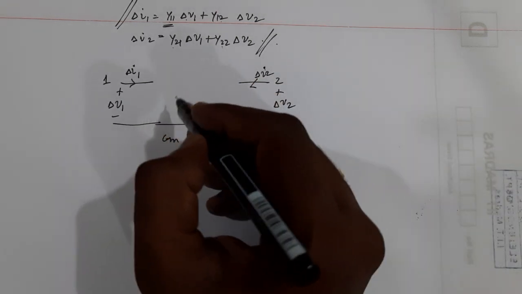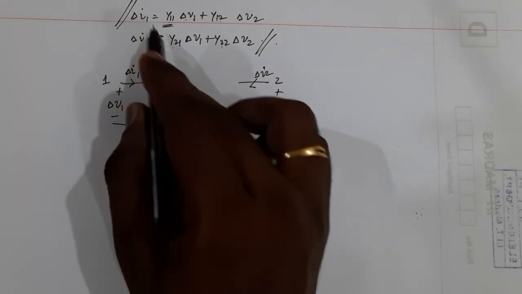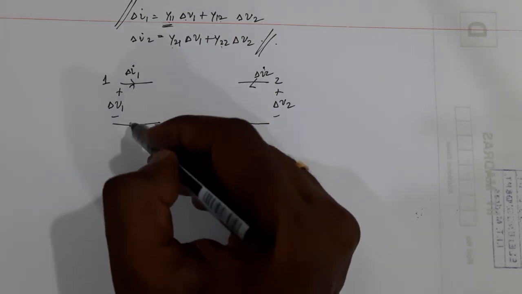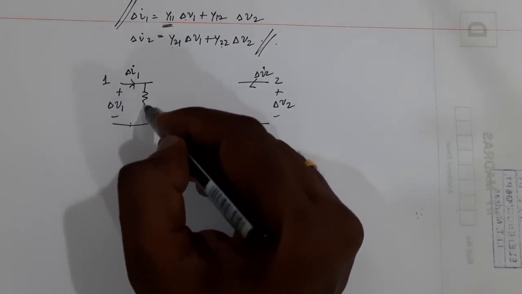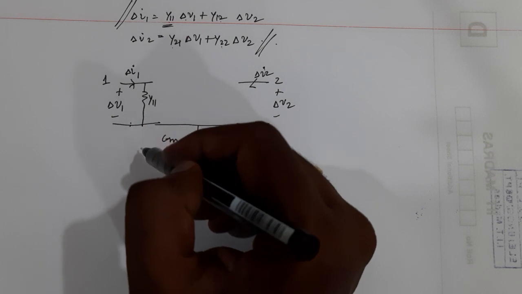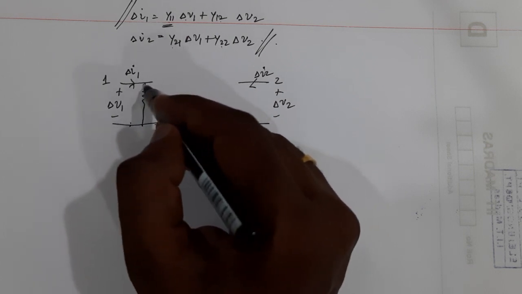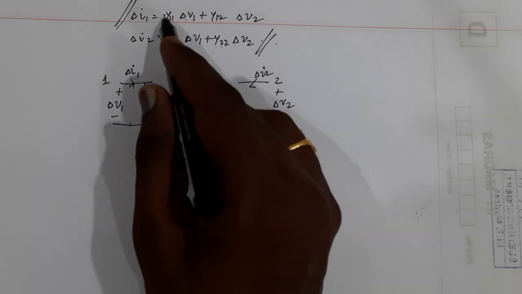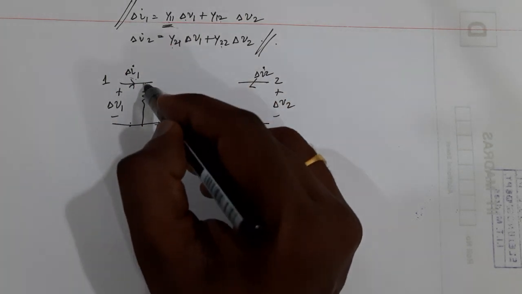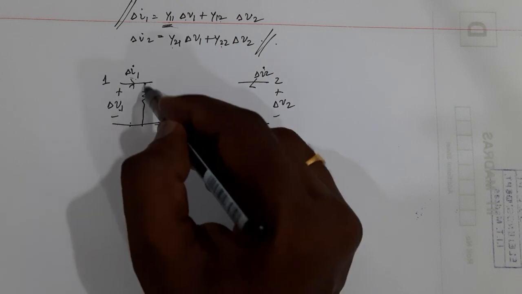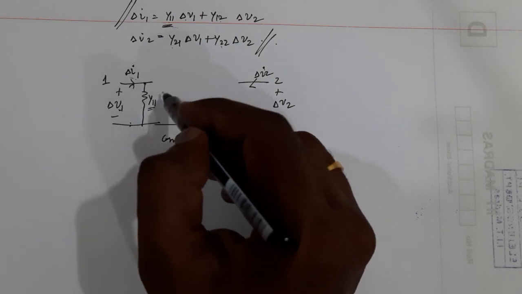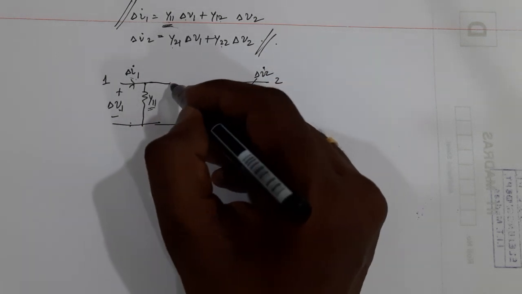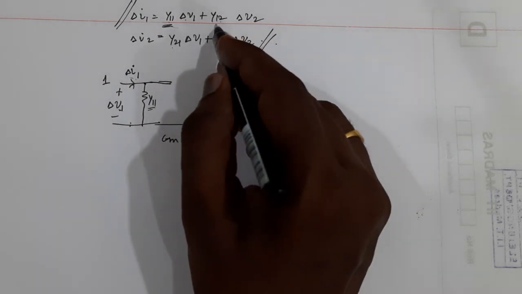This much we know. Now how do I define delta I1? Delta I1 will be Y11 delta V1. This is delta V1. So if I put Y11 here, then some part of I1 will flow here, right? So one contribution of I1 will be from Y11 delta V1. Delta V1 is a voltage, multiplied by Y11 will be some part of delta I1. The next part will be Y12 delta V2.